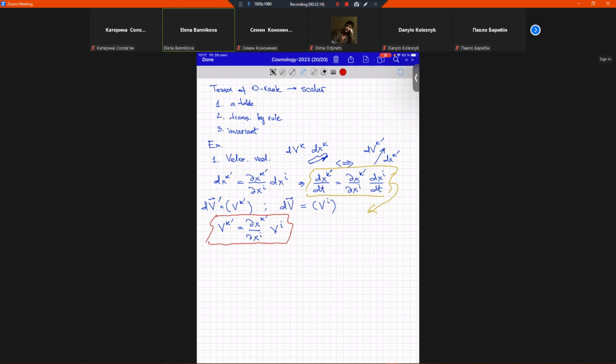We can see that the components of velocity transform from one coordinate system to another. The components of the velocity change as a contravariant tensor, which is a contravariant tensor of the first rank.